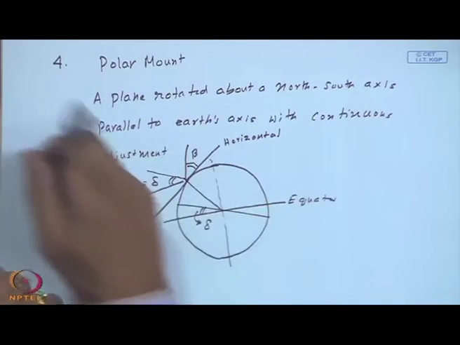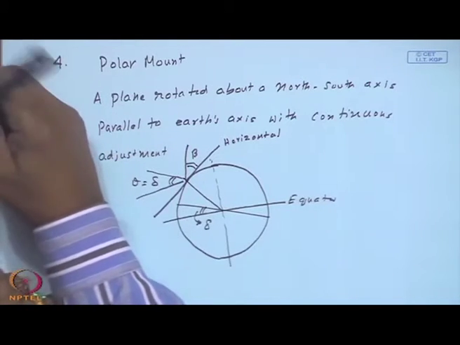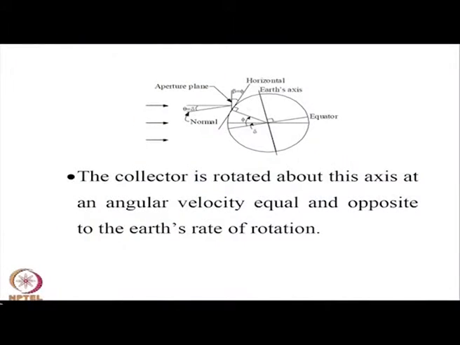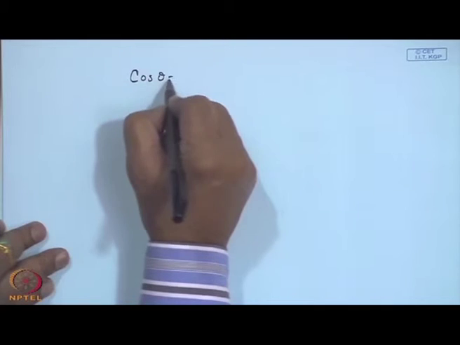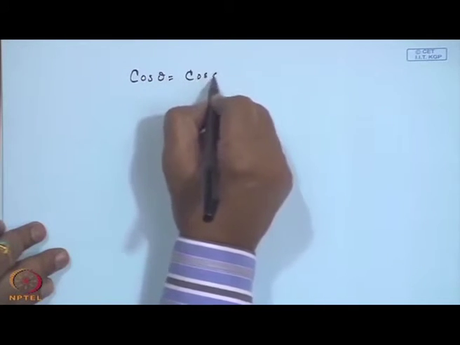This is the Earth's axis, which is shown over here, and if you look carefully, the angles will be clear, and consequently your cosine theta will simply be equal to cos delta.